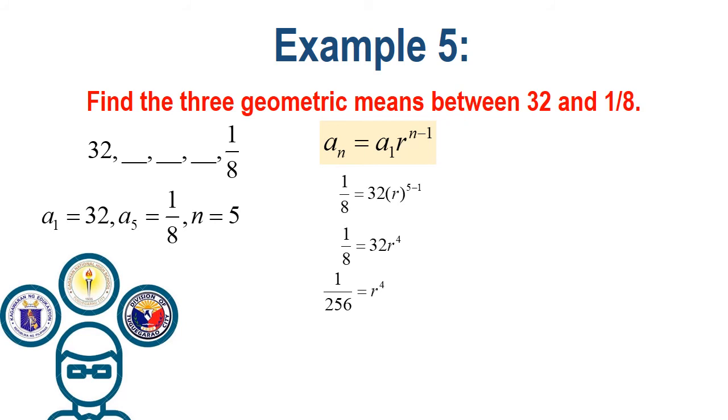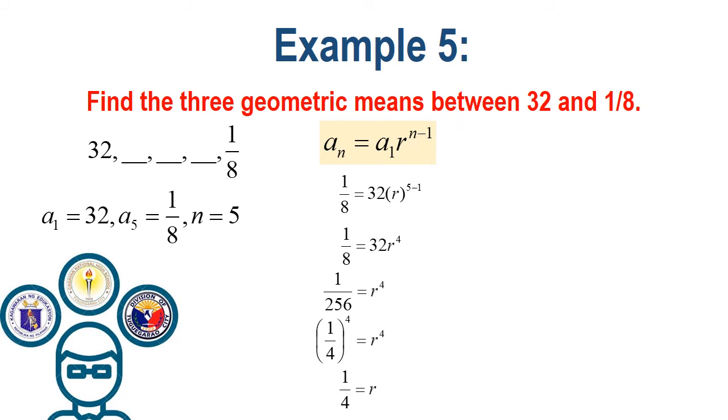And we know that 1 over 256 can be expressed as 1/4 raised to the fourth power. So we have 1/4 raised to the fourth power is equal to r raised to the fourth power. Now, since their exponents are the same, we could now equate the bases. So r is equal now to 1/4.